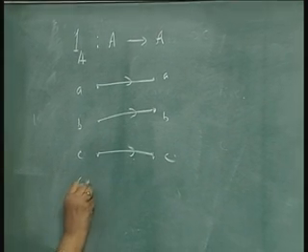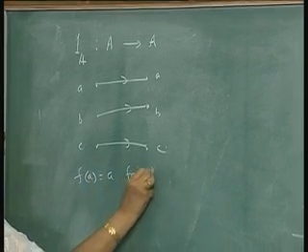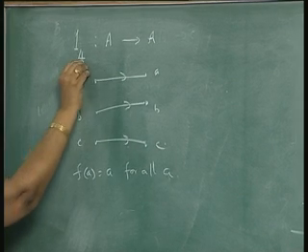This is f of a is equal to a for all a. Then that is called an identity function and it is denoted by 1_A.